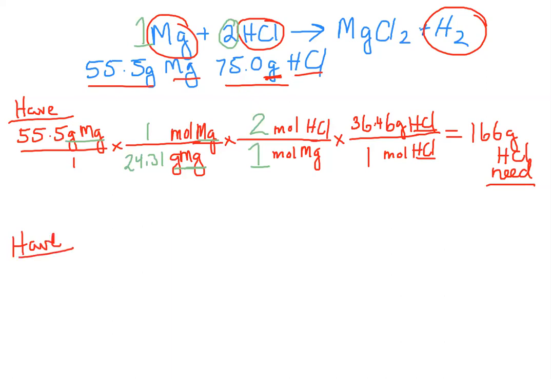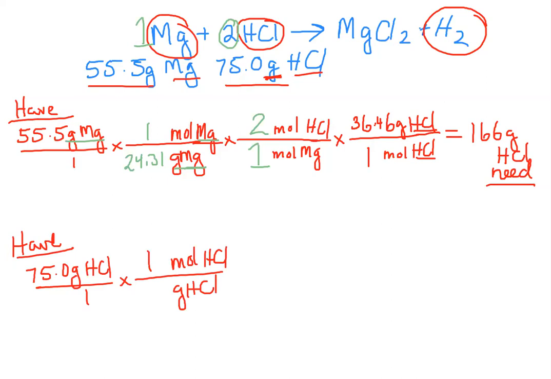We have 75.0 grams of HCl. We got to change it to moles. Since they match, we find this from the periodic table, which is 36.46. Then we put moles of HCl down here, and we're going to have moles of magnesium because that's what we're comparing up here.